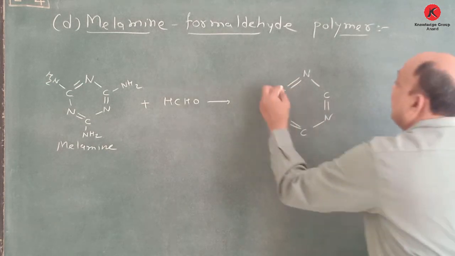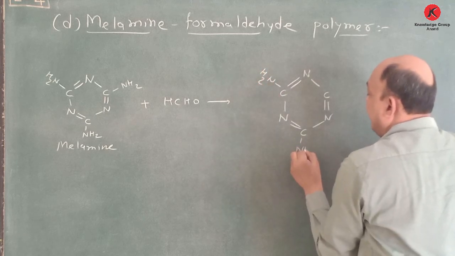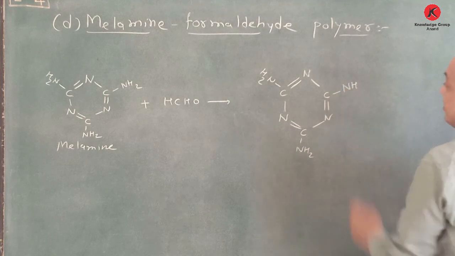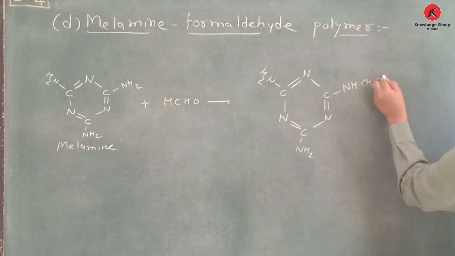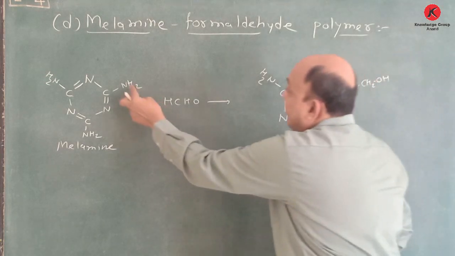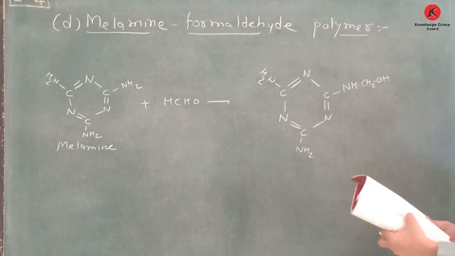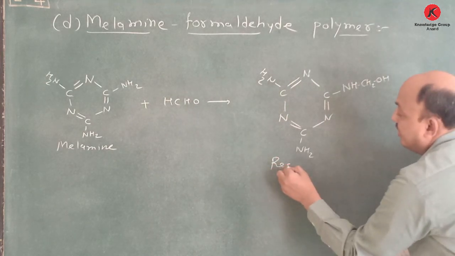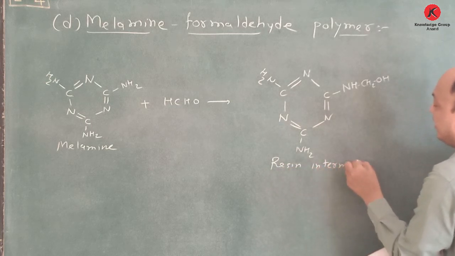And due to that, write down here NH2, same way write down here NH2, and write down here NH, CH2OH. Same thing, here write down CH2 and this OH. So this is nothing but the resin intermediate.